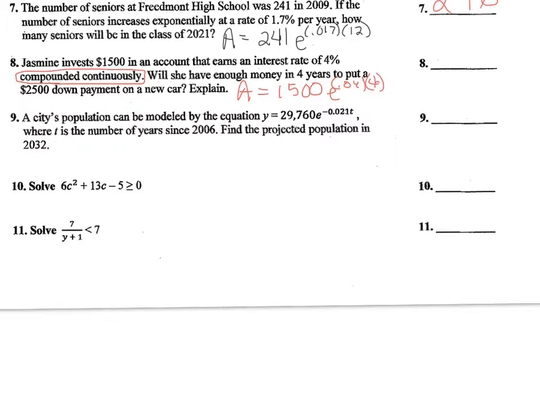That gives you, she will only have $1,760. Right? So no, she will not have enough money. She will have 1,760 with 27 cents. That would be the amount. So no, she will not have enough money for the down payment. Now let's go ahead and do number 9.